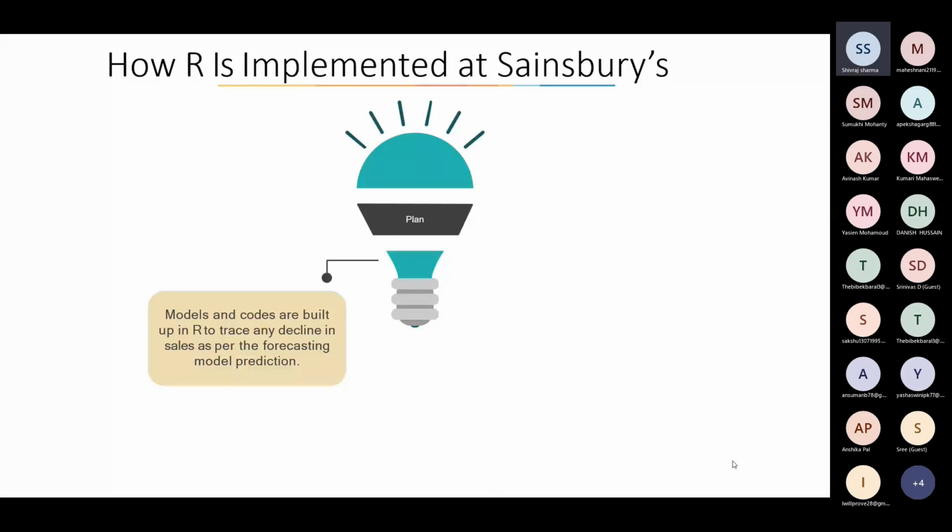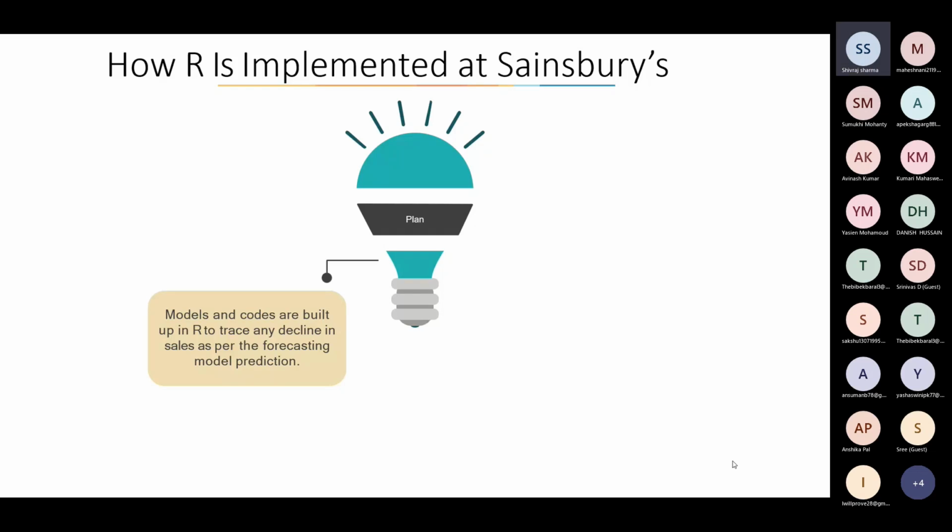So the forecasting models are created in R, and as per those models, the predictions trace whether the sale is declining or is up to the mark as per the forecasts. So those models and codes analyze whether the sale is declining or stable.